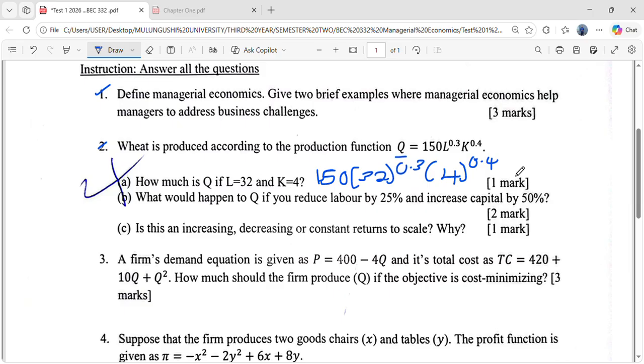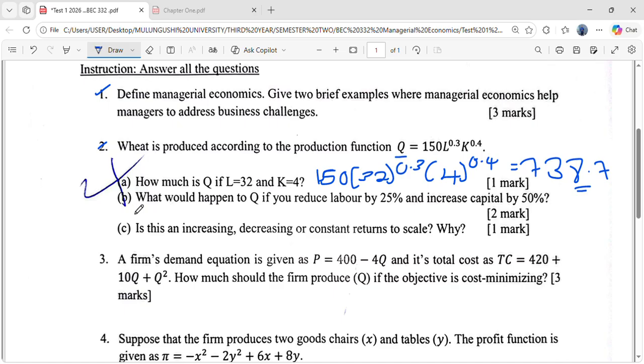So you punch 150 open bracket, 32 to the power 0.3, close bracket, open bracket, 4 to the power 0.4, close bracket. You will get your answer to be 738.7. So this is how much is produced when labor is 32 and when capital is 4.